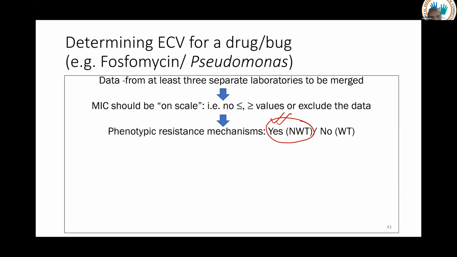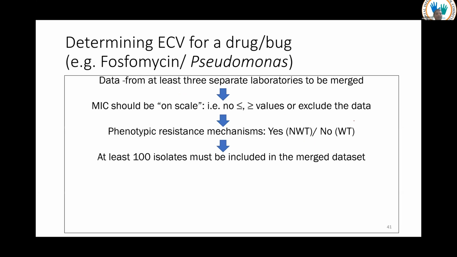If you do not detect any mechanism of resistance, then such strains can be referred to by the lab as wild type strains. After that, you have to collect the strains from the lab. At least, as I told you, at least 100 isolates have to be collected and the data has to be merged.